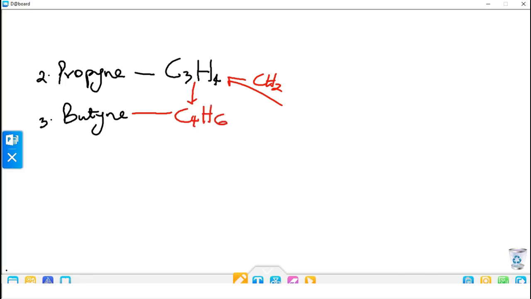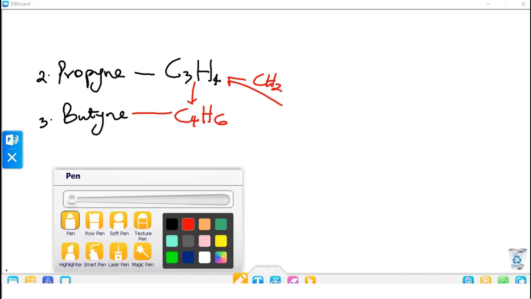So my butyne is going to be C4H6. It's as simple as that, because each member differs from the other by a CH2.